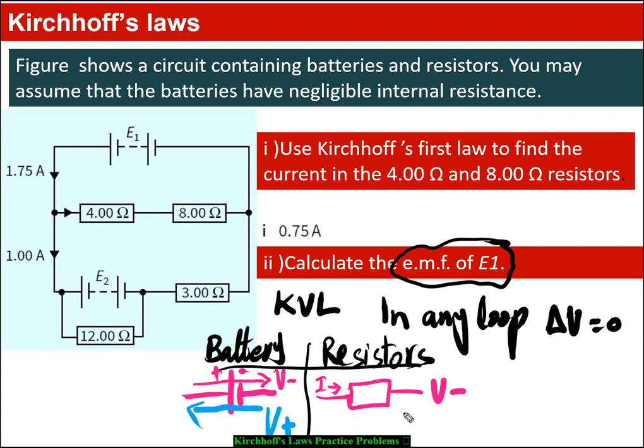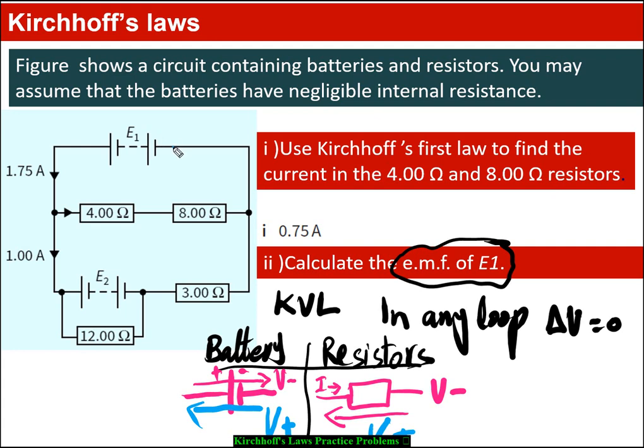On the other hand, if we cross in the opposite direction to the current, V has to be positive. This is a very simple but very important concept, and we have to be clear about it to answer this question and to use Kirchhoff's second law. Let's try to answer this question now.